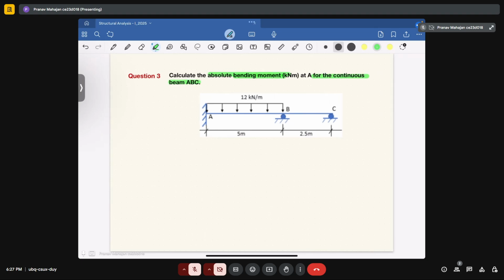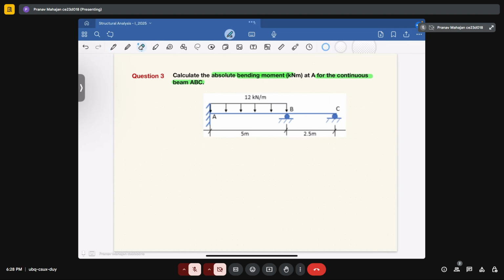This is a continuous beam of two spans, in which one span has a length of 5 meter and another span has a length of 2.5 meter. And span AB is loaded with a uniformly distributed load of 12 kilonewton per meter. So what is the first step? First step, we will determine the stiffness coefficients.